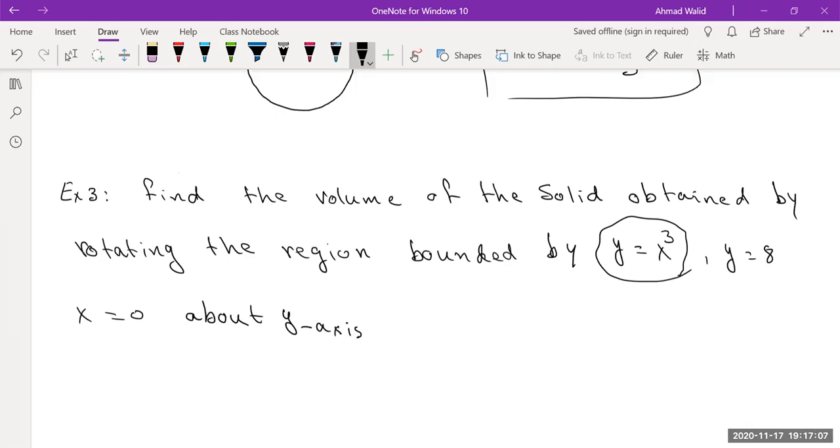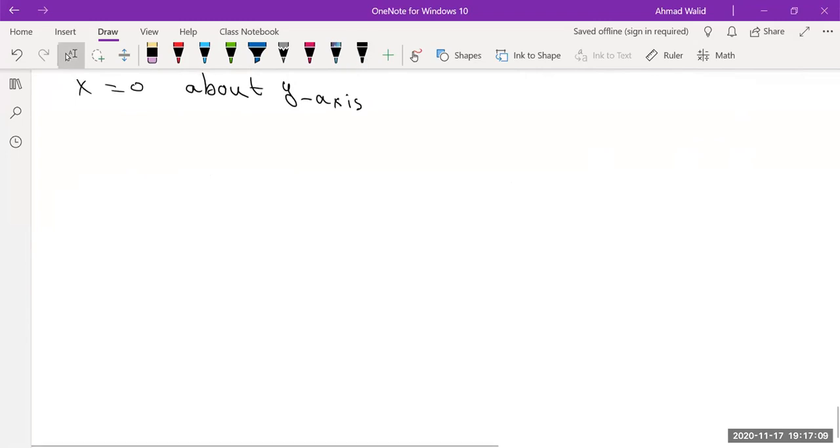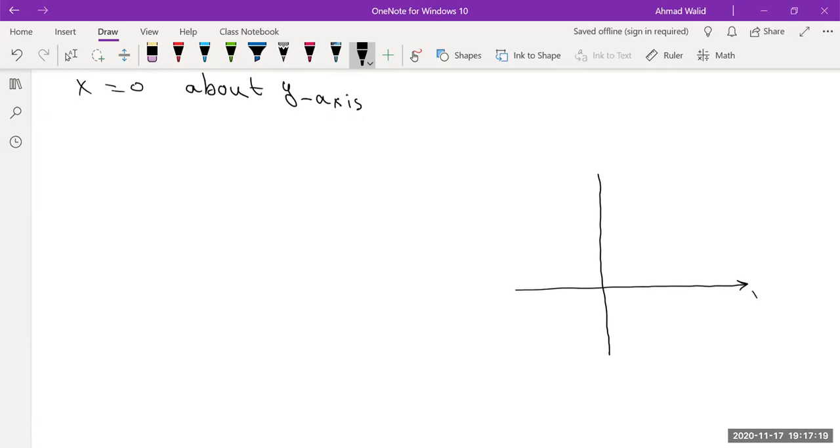Again, I will graph this example for you. Everyone knows the graph of y equal x cubed, hopefully. This is the graph of y equal x cubed.